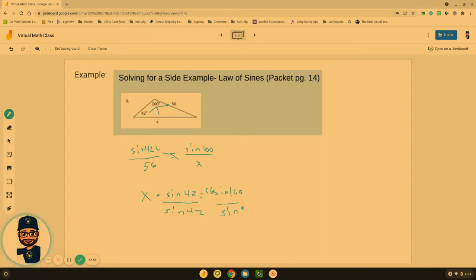Now, this is where you've got to be very careful about how you're typing this into Desmos. You have to make sure that you're paying very close attention to where the parentheses automatically insert. So 56 sine of 100, multiplying this way, divided by sine of 42.